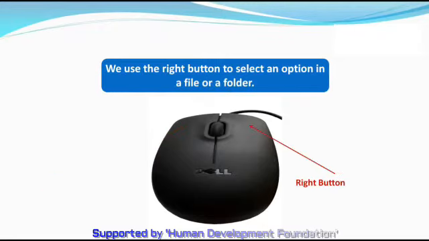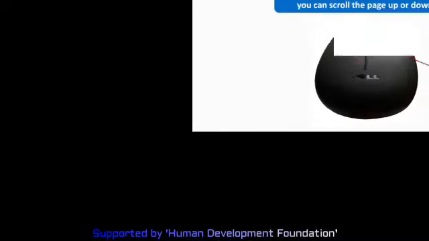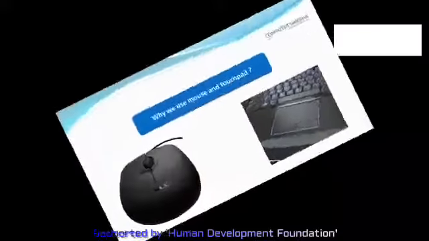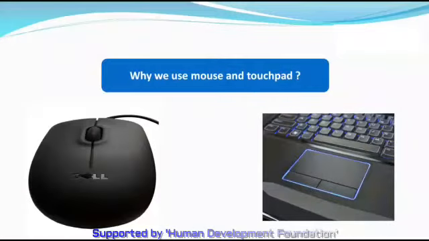We use the right button to select an option in a file or a folder. Using the third button, the scroll button, you can scroll the page up or down. Can you say why we use the mouse or touchpad? We use the mouse or touchpad to take a pointer from one place to another on the computer screen.